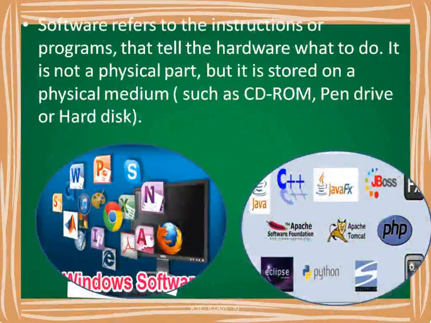Software refers to the instructions or programs that tell the hardware what to do. So software is nothing but a set of instructions. Those instructions tell what work has to be done.